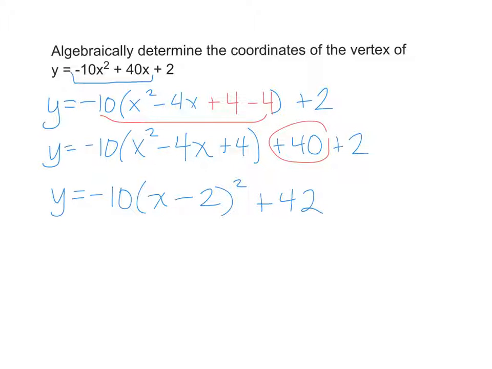Square root of the first term, square root of the x squared is x, sign from the second, square root of the last. That's where the x minus 2 comes from. Don't forget that squared. And then plus 42. It's actually asking us what are the coordinates of the vertex of this one? 2 and 42. Remember, take the opposite sign.